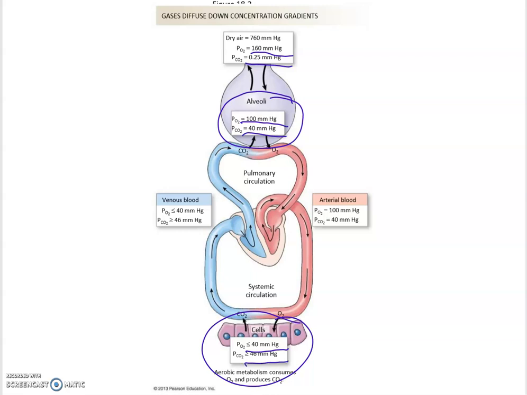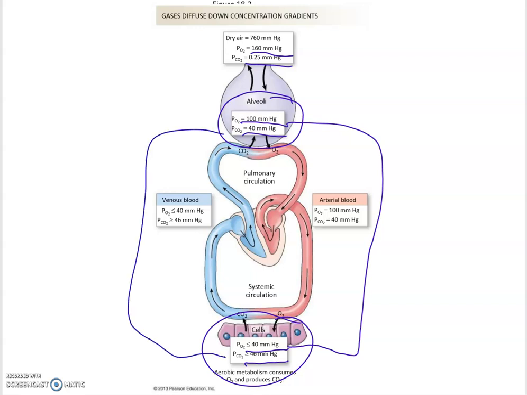So in other words, the partial pressure of oxygen oscillates between 100 in the alveoli and 40 in the tissues, and the partial pressure of CO2 oscillates, or goes back and forth, between 40 millimeters of mercury in the alveoli and 46 in the tissues. And the summary of these numbers is right here for oxygen and for CO2.